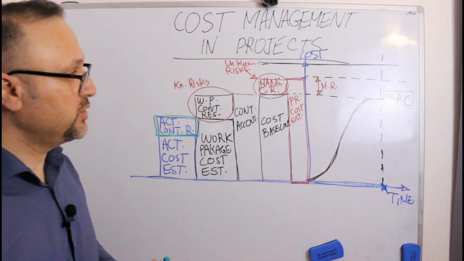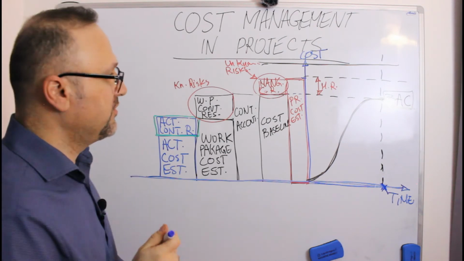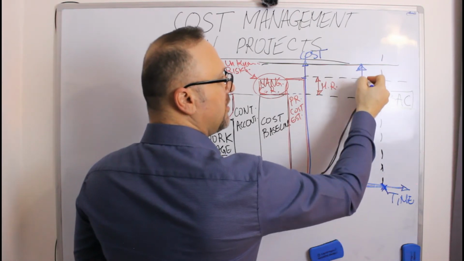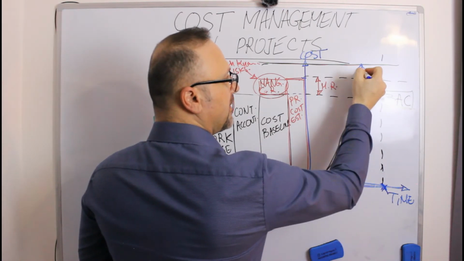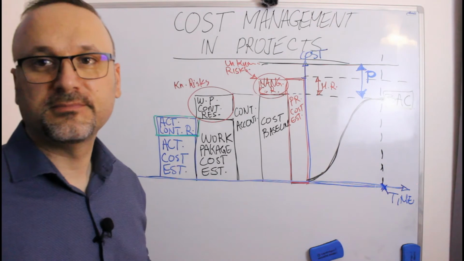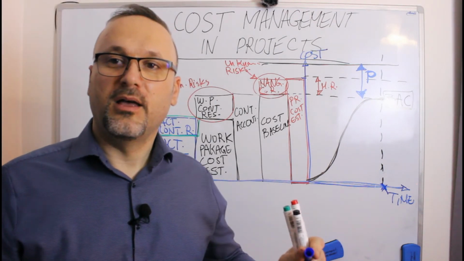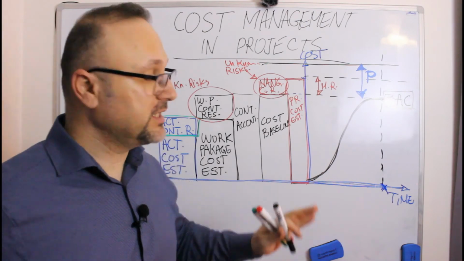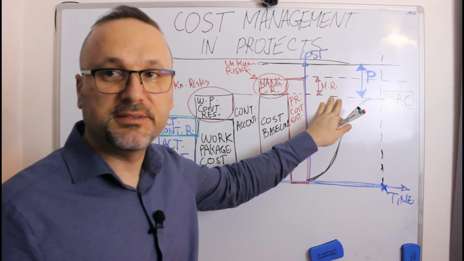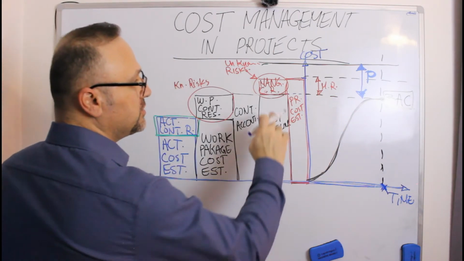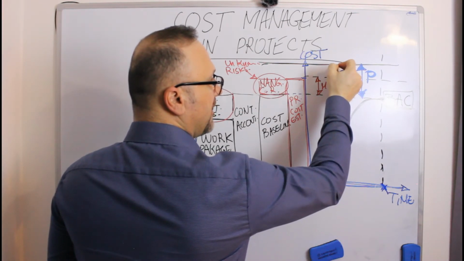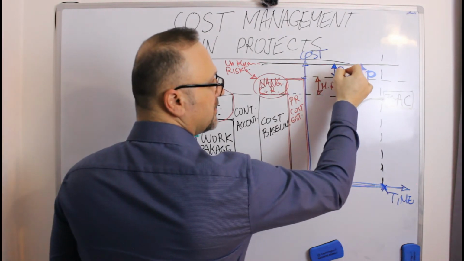And for you as a project manager, if you complete your project on budget, you have all this amount as profit. But if some risks occurred during your project and you have unknown risks which were not defined, then you spend all your management reserve and your profit will be only this part, P2.